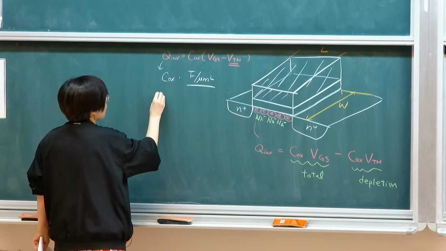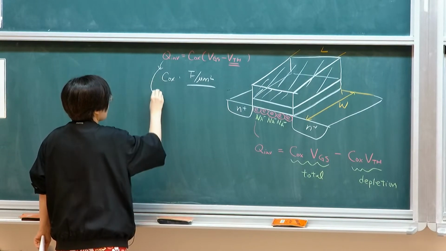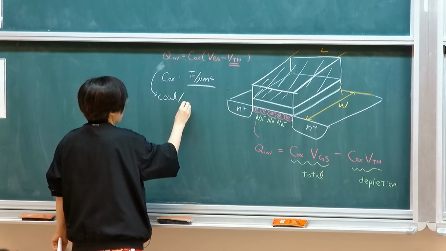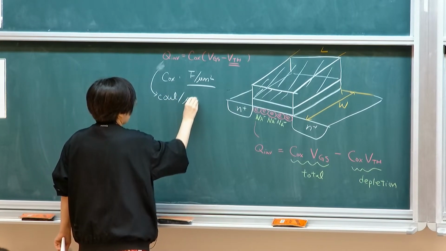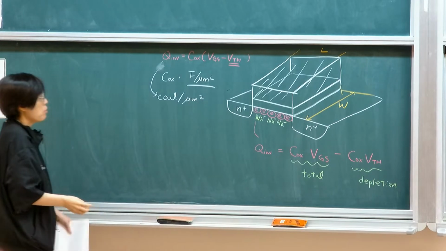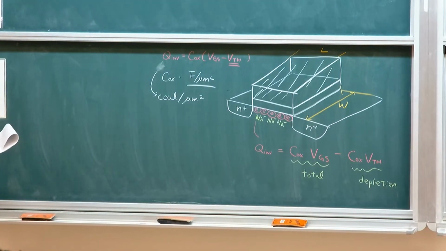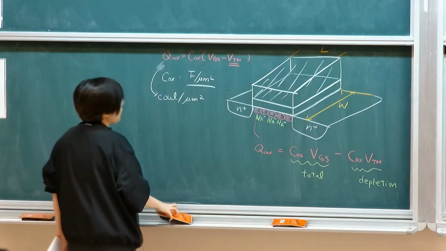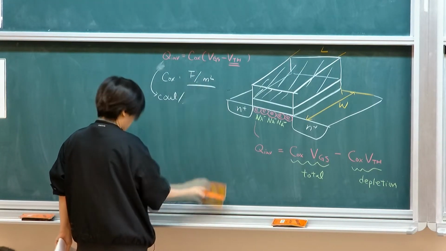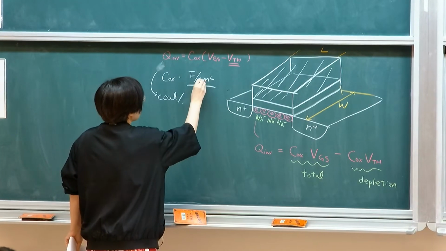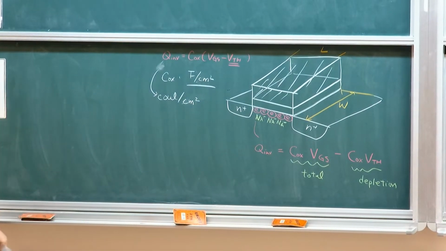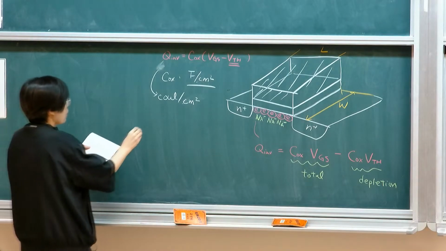Therefore, Q is unit area charge, per micron squared or cm squared. Doesn't really matter. Let me use cm squared just to follow the standard. Okay, so it's per unit area charge.